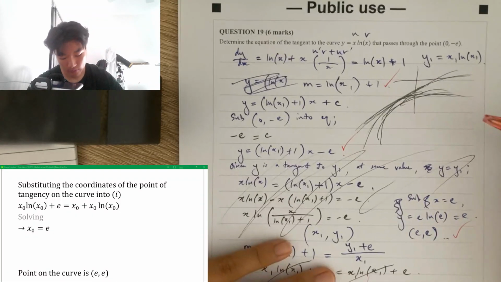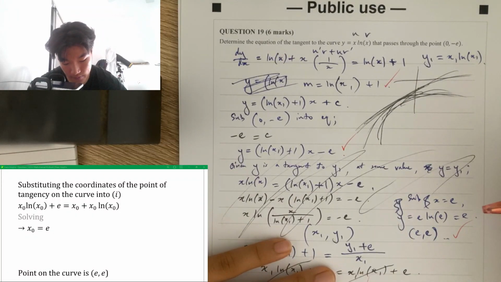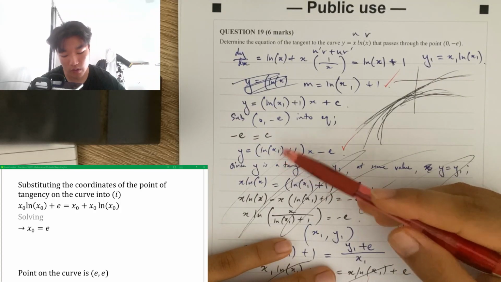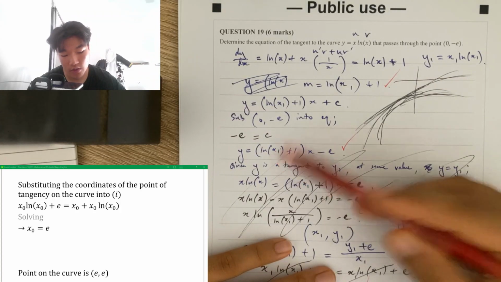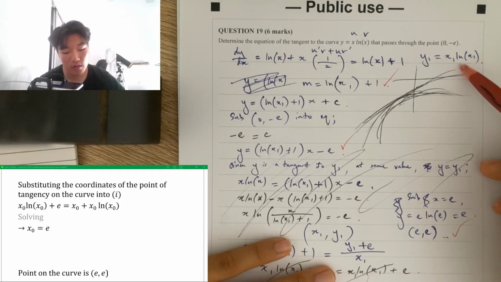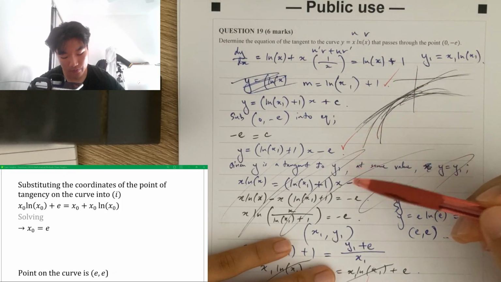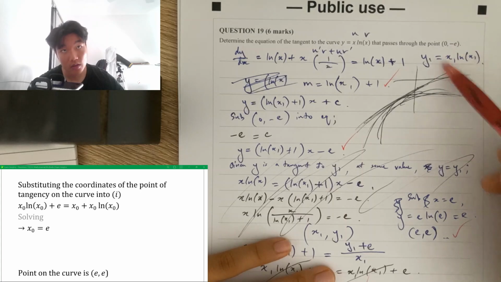What I just didn't recognize is that we've already kind of said that x1 is a constant. We know that it's a point. So I can sub in x1 to get the coordinate, and then the y value.